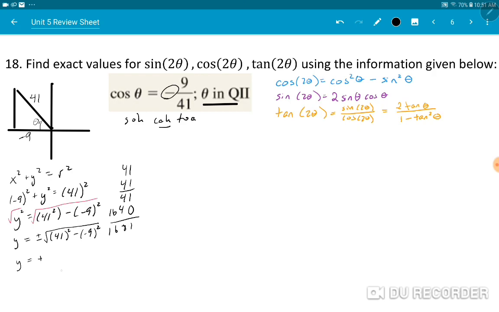I get 1681, a little side work for that. So I get the square root of 1681 minus 81, which gives me 1600, which I know is 40. So that third side is 40.